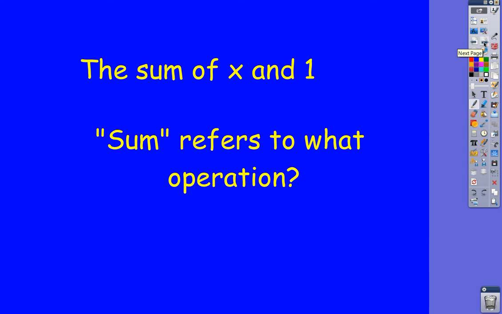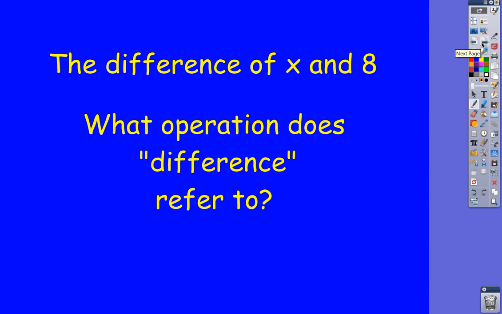If you think about what sum means, it does mean add. So the answer to the sum of x and 1 would be x plus 1. Difference, here's our key word. Difference means subtract. So the difference between x and 8 means x minus 8.